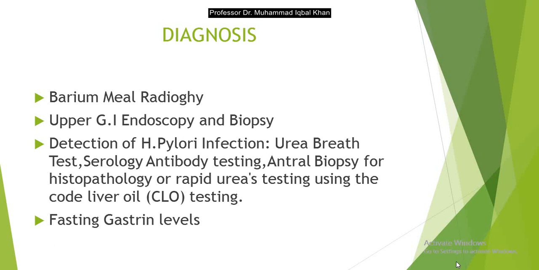Yes. The best is to perform the baseline investigations, because in the CBC sometimes you find a decrease in hemoglobin in both cases, because of the bleeding, and because the intake of food is less in gastric ulcer.